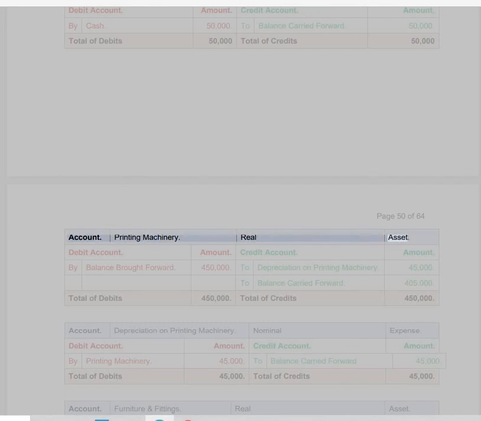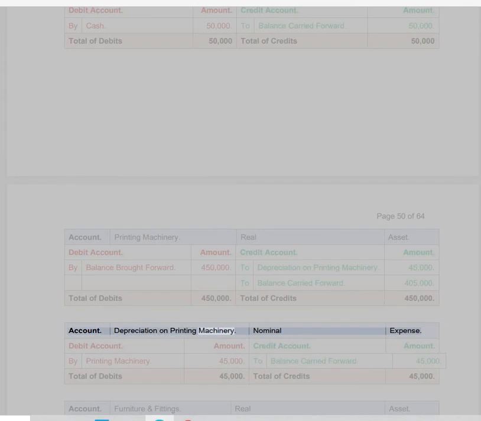Real asset. Debit account, amount, credit account, amount. By balance brought forward, 450,000. To depreciation on printing machinery, 45,000. To balance carried forward, 405,000, total of debits 450,000. Total of credits 450,000.